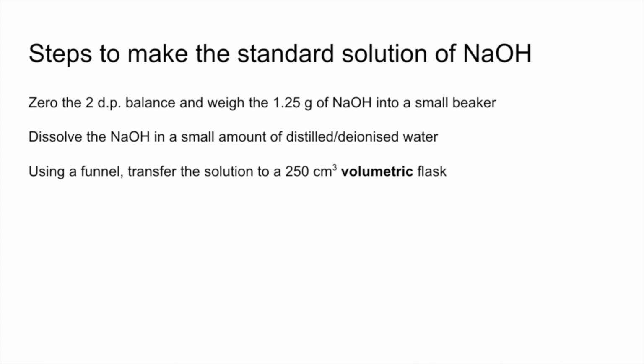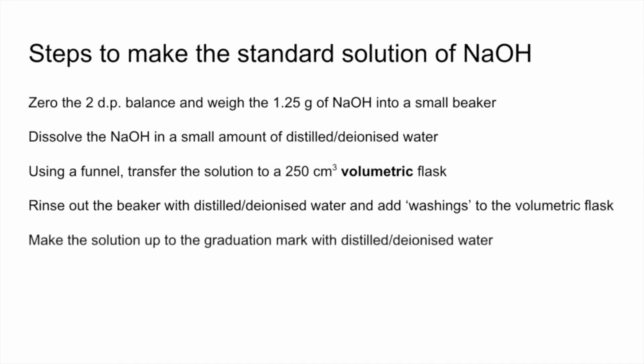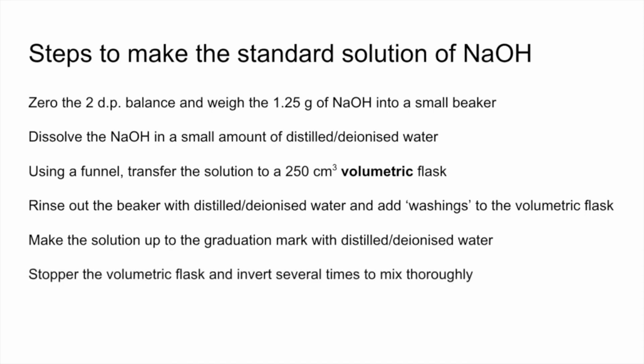Step 4, I will rinse out the beaker with distilled water and add the washings to the volumetric flask. Then the next step, make the solution up to the graduation where the 250 mark is with distilled water. And then the final step, stopper the volumetric flask and invert several times to mix thoroughly.